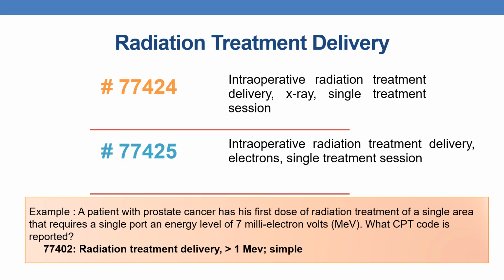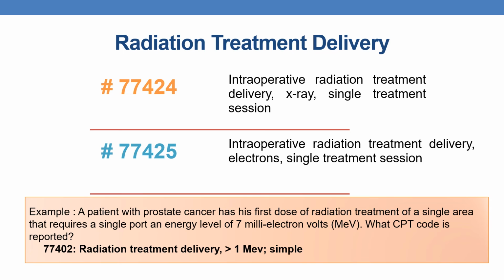The next code is 77424. This is also out of sequence, hence it is indicated by number sign. 77424 involves intraoperative radiation treatment delivery, X-ray single treatment session. The next is 77425, intraoperative radiation treatment delivery, electrons single treatment session.